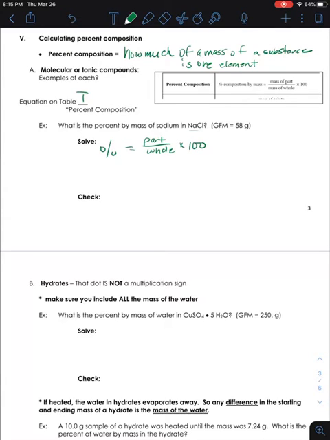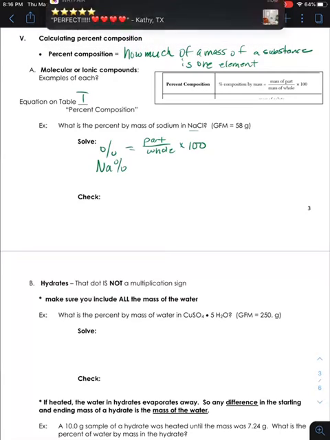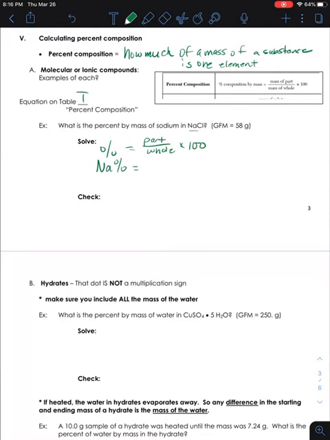In this case, we want to know the percentage of sodium, so the part would be the Na. Na has a mass of roughly 23 grams. The gram formula mass of the whole compound is 58.